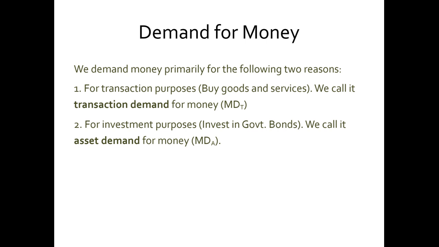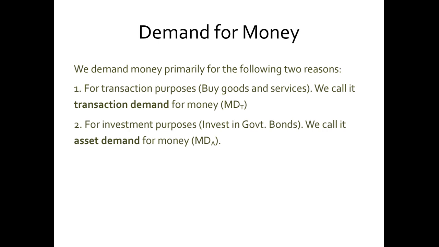So transaction demand for money is represented as MDT and asset demand for money is MDA. Remember, by asset demand for money, I mean that if you are buying more bonds, technically you are demanding less money, because you have already invested in bonds.